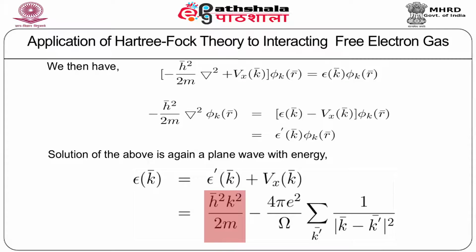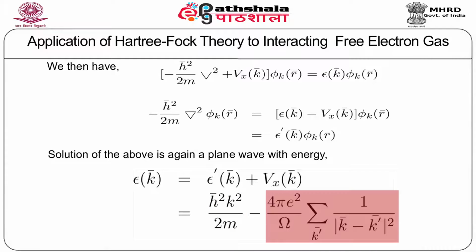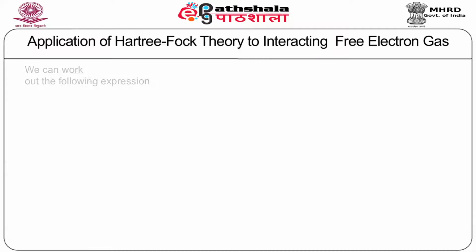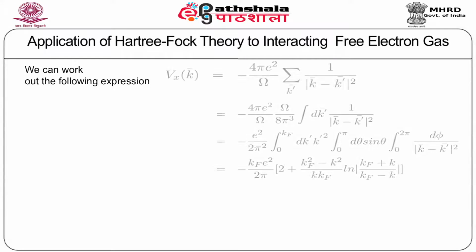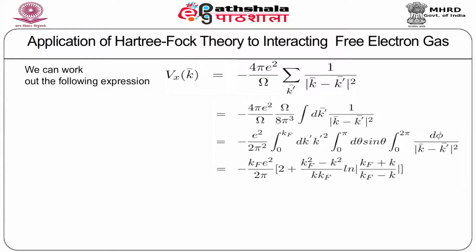And we know the form of this epsilon prime, which is the plane wave solution, given by h cut square k square divided by 2m minus, now substituting for the form of the exchange which was derived a slide back, 4 pi e square divided by omega summation over k prime 1 over modulus k minus k prime square. We can work out the following expression for Vx.